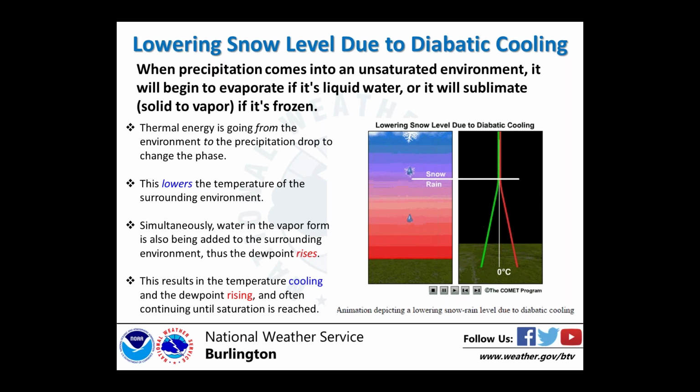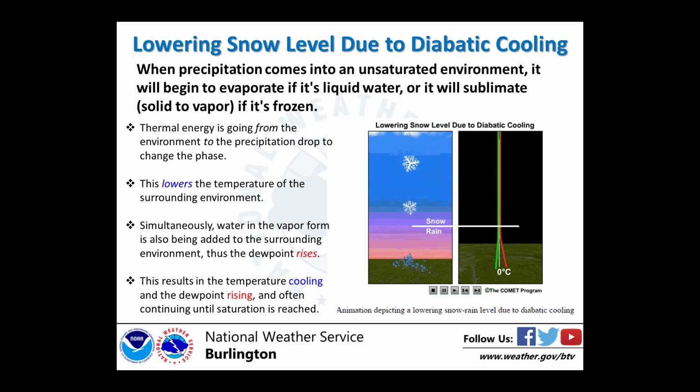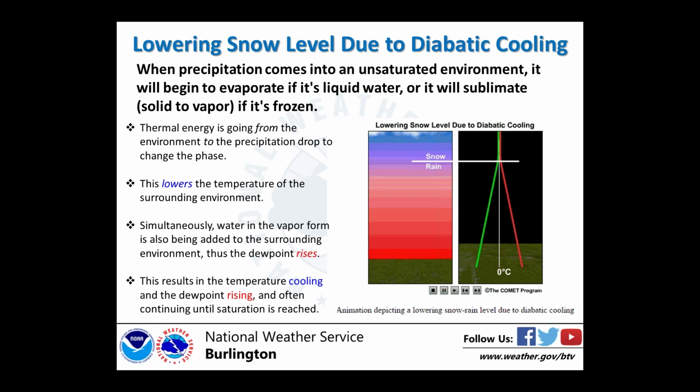So a little thermodynamics for you. The thermal energy that is expended is going from the environment to the precipitation drop to change its phase.